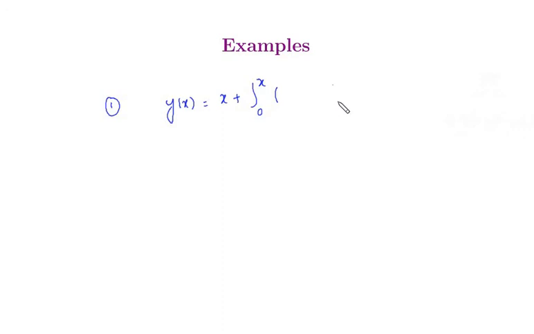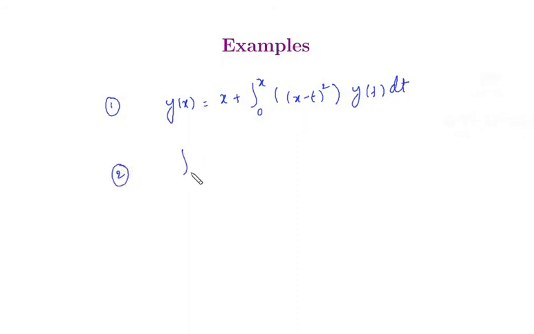This kernel has to be a function of x minus t, not as such, but you can write that kernel as a function of x minus t. So very simple, I can write (x minus t) the whole square. So this kernel can be viewed as a function of just one variable, x minus t.